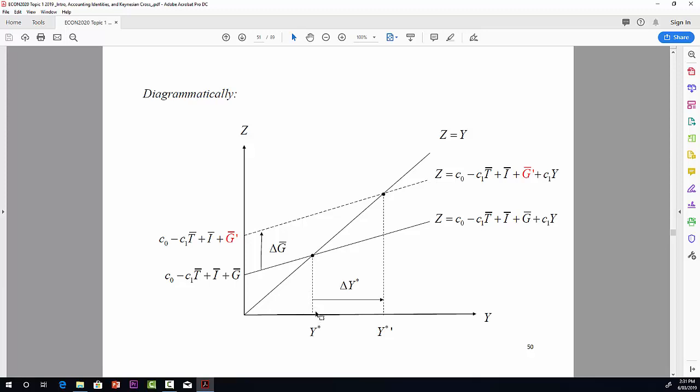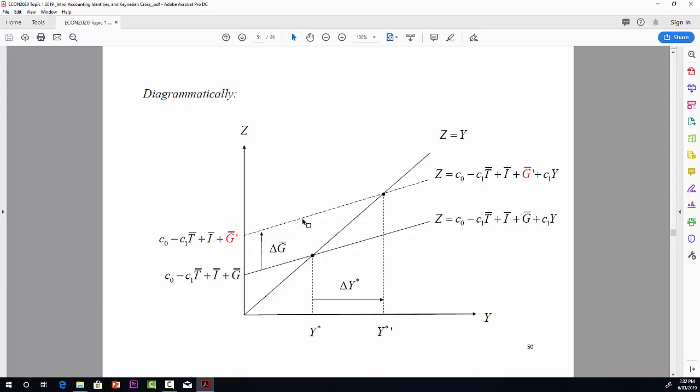Now, when we increase government expenditure, we can see that that's a bigger intercept without changing the slope. I've used red ink here for our new G bar prime. All it does is shift up the intercept of this function.